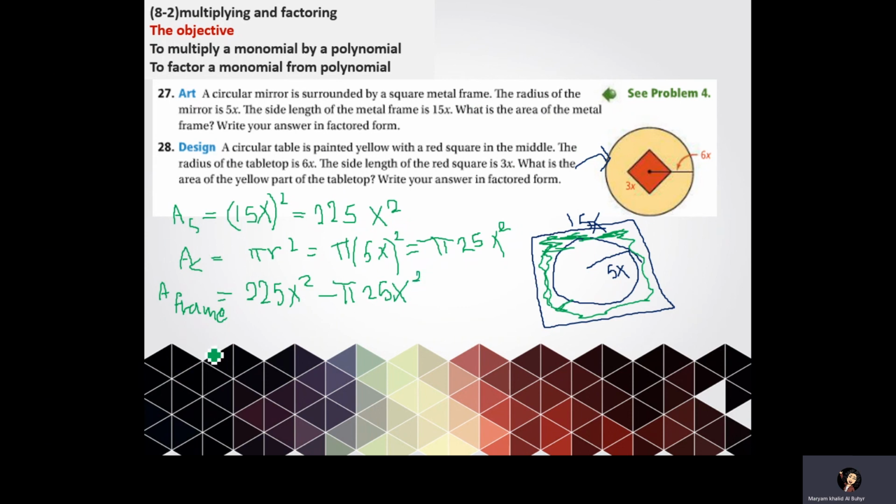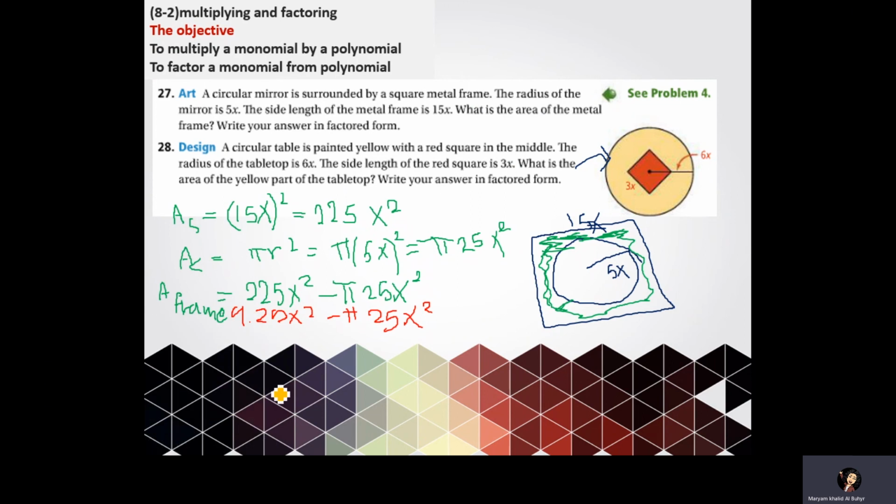Now you need to factor them out. You can factor this one and this one. I can directly factor this one into 25 times 9, minus pi 25 x squared.